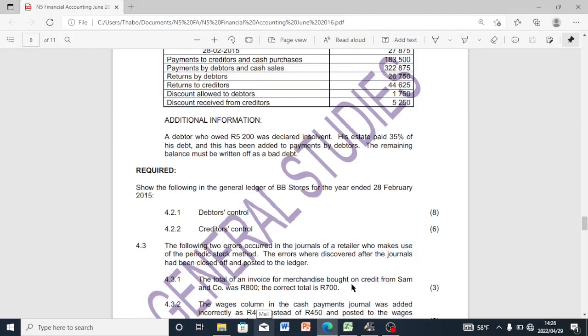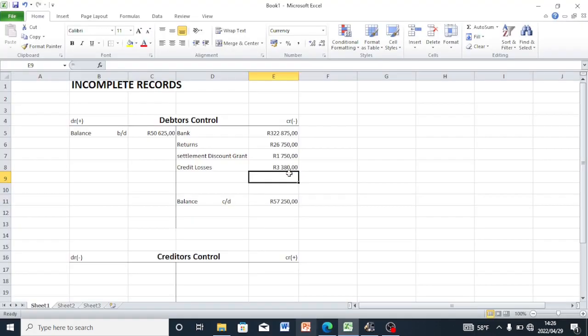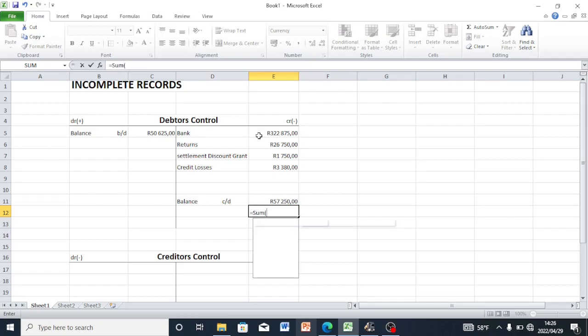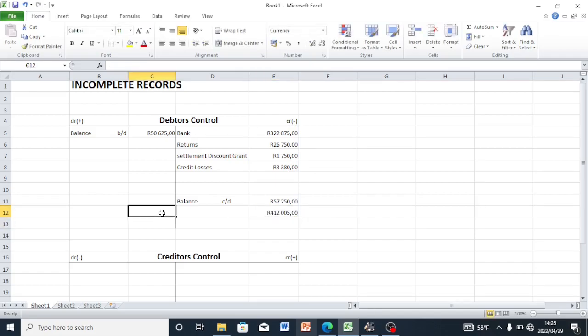We are going to close off everything. So we are going to sum the credit side, add everything together, which is then equal to 412,005 rands.